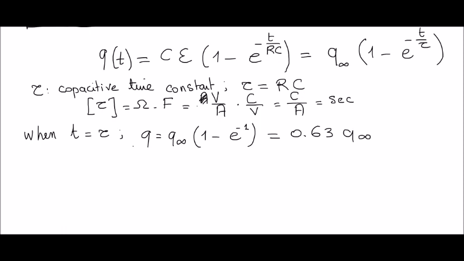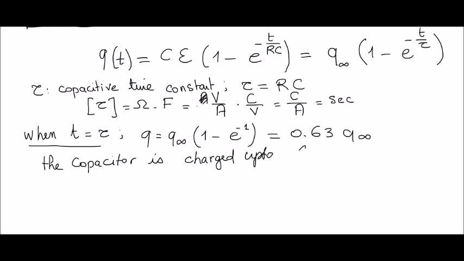What this means is, when t equals tau, equal to 1 time constant, the capacitor is charged up to 63%.